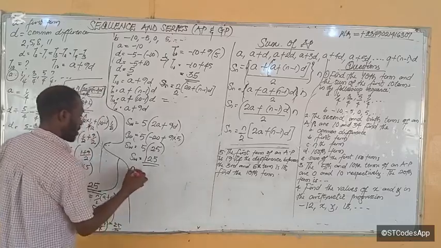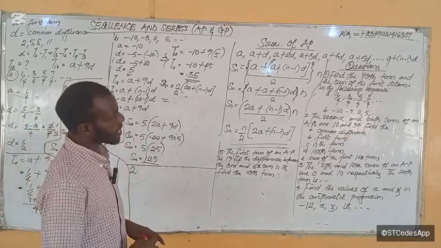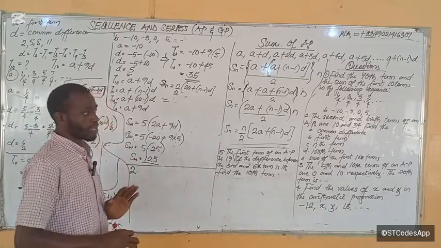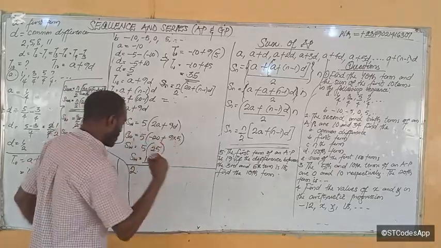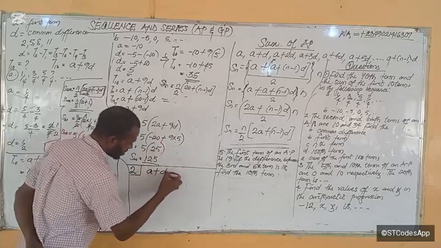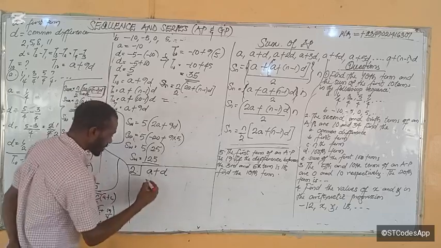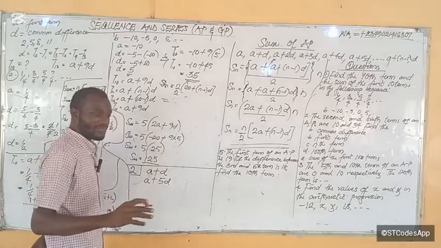Number 2 question says that the second and sixth term are 10 and 34. You see, once I hear the second and sixth term, what is my second term? T2 is a plus d. What is the sixth term? Sixth term is a plus 5d. Do you see where I solved it?